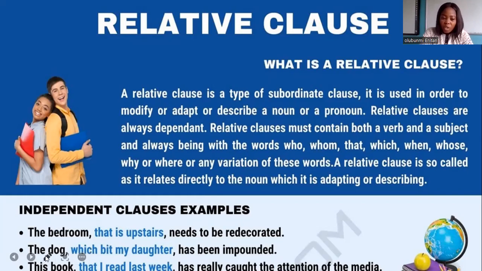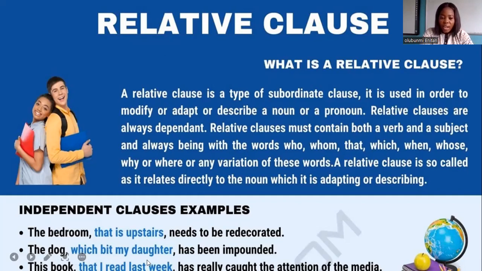It's giving you more information, but it's a clause because there is a verb and a subject. Looking at this, we can tell that the relative clause gives more information about a noun or a noun phrase or even a pronoun. So which beat my daughter is a relative clause.